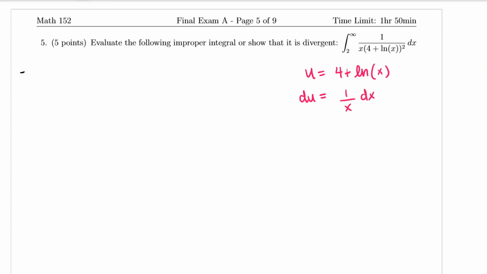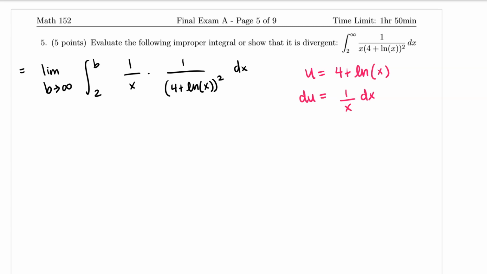And so my improper integral can be rewritten as the limit as b approaches infinity of the integral from 2 to b of 1 over x times 1 over 4 plus the natural log of x squared dx. And what's happening is 1 over x times dx will get replaced with du.